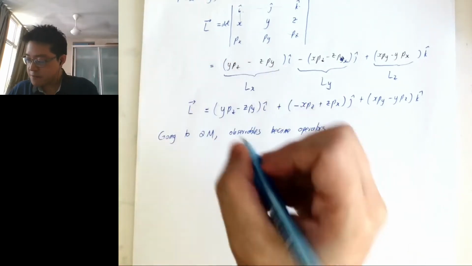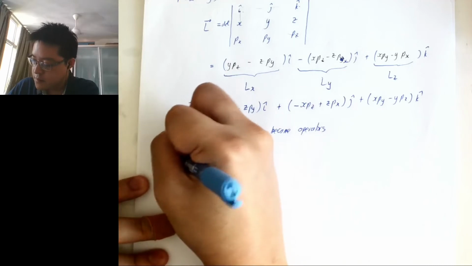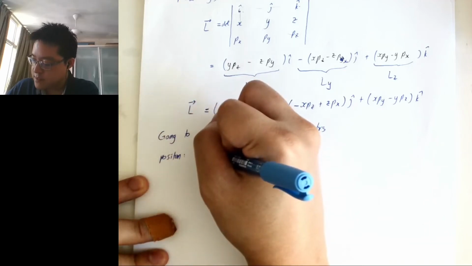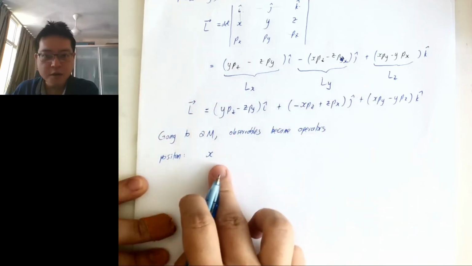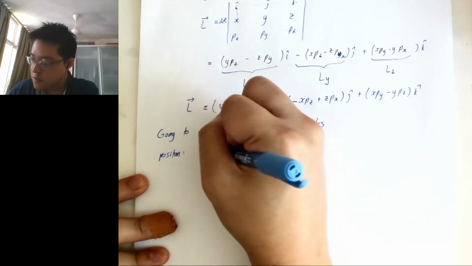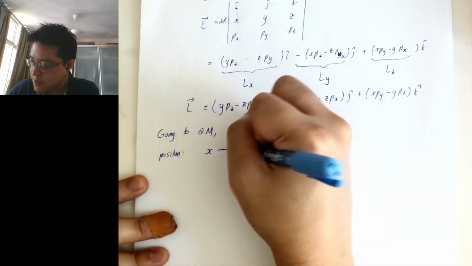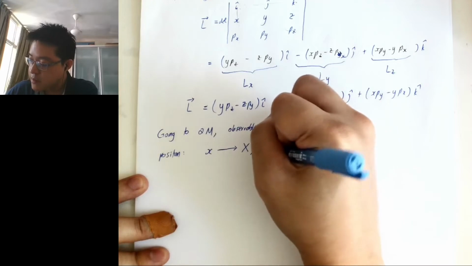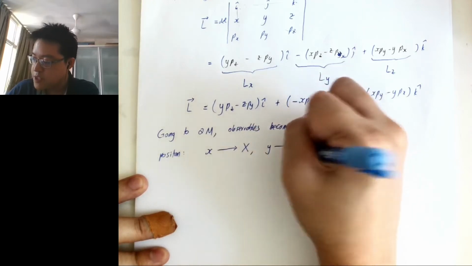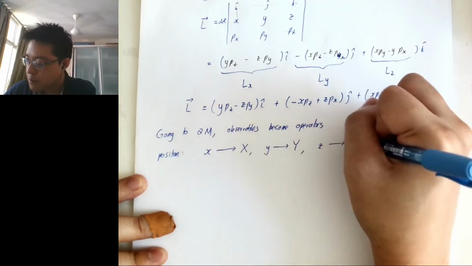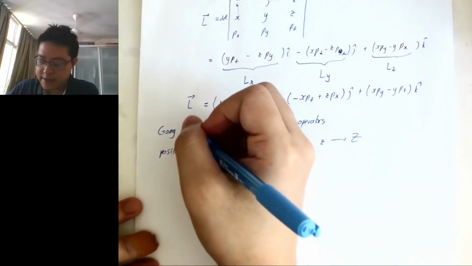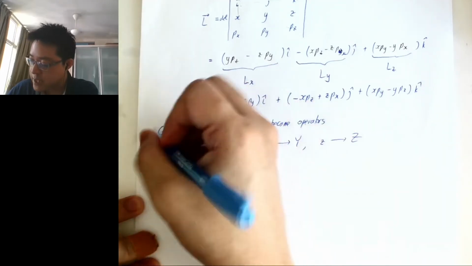So for position, as what we did last time, right, observable is a position. So in order to work in quantum mechanics, we change this to an operator x. The y coordinate is another observable, we change this to operator y and operator z, right? And then same thing for the p's, the momentums.